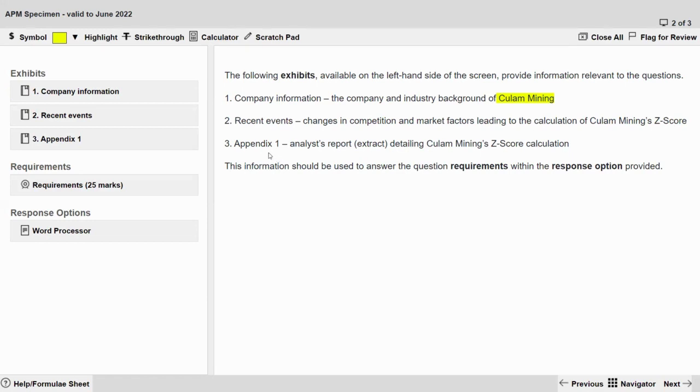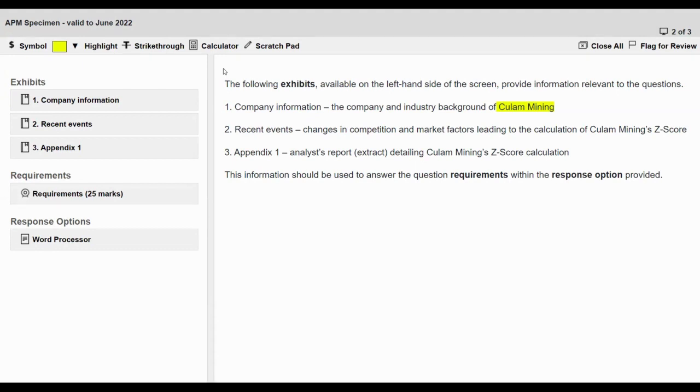Then it says Appendix 1, an analyst report extract detailing the Coulomb Mining Z score calculation.